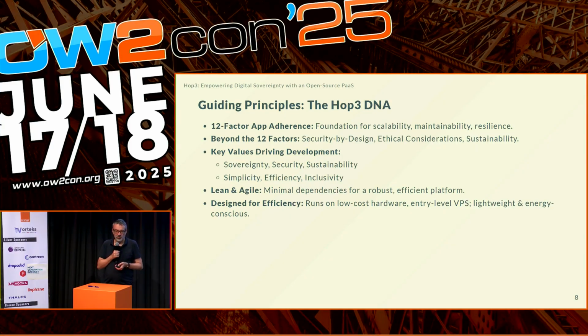I think it was 15 years ago, probably. The 12-factor is a set of principles that are currently being updated, but that are mostly still relevant today, and also there are new principles. So we have not 12 factors now, but I don't know, 18 or 20 factors that are key to our vision. Of course, the values of the project, sovereignty, inclusivity, efficiency, and so on.